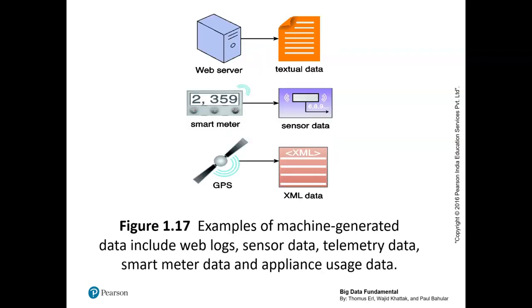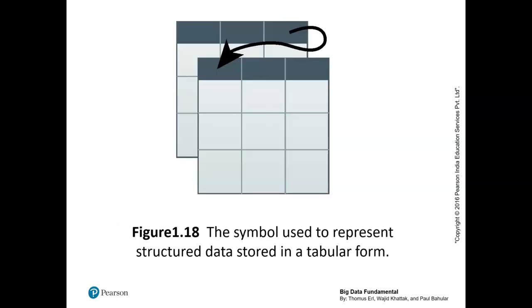These are examples of machine-generated data, like sensor data from GPS, from smart machines or meters or web servers, or industrial data, telemetry data, smart meter data, and from aeroplanes, and from different sensors we use nowadays, because we know the new technology IoT has come, so everywhere there is a sensor.